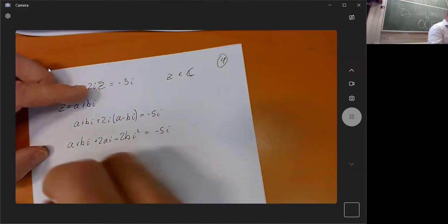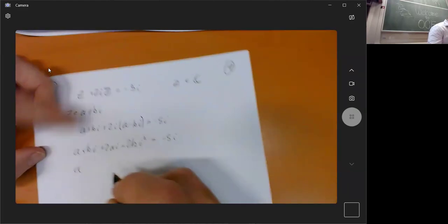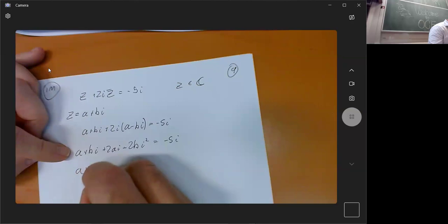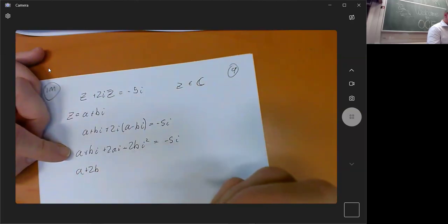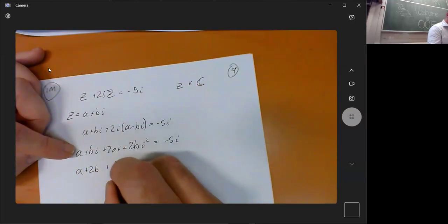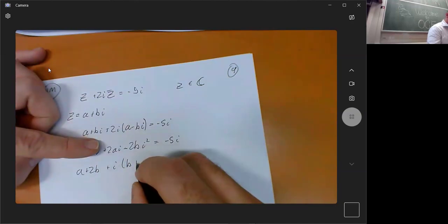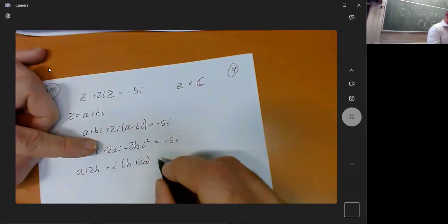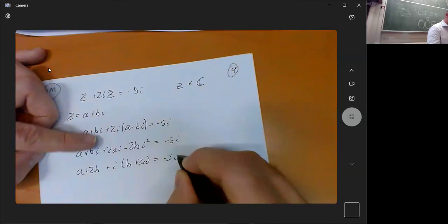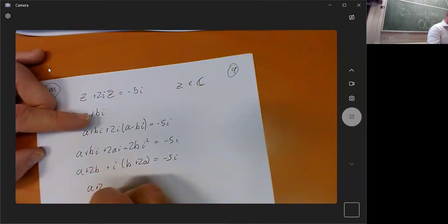That really became minus 1. So my real part is a + 2b, and my imaginary part is b + 2a, equal to -5i.